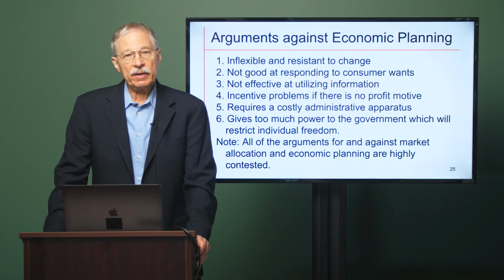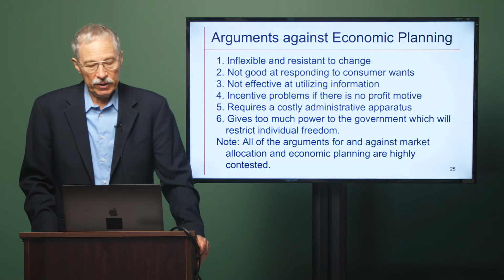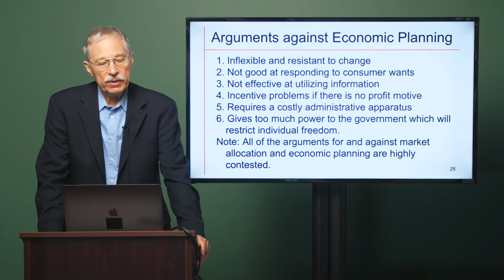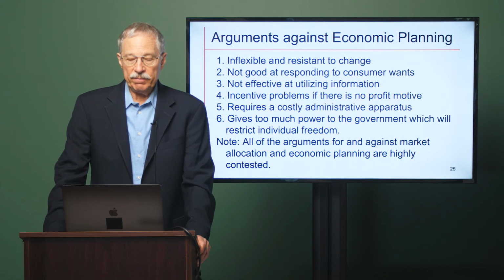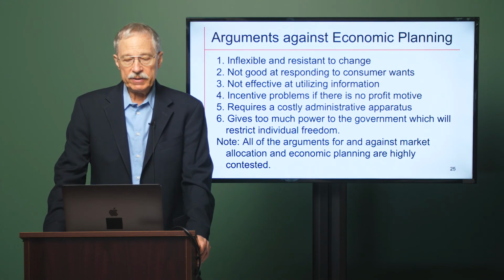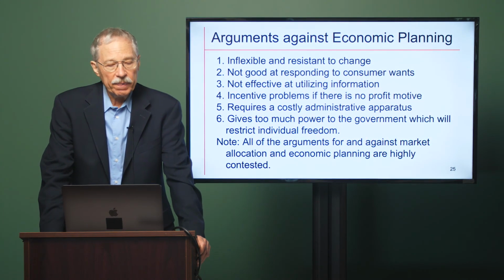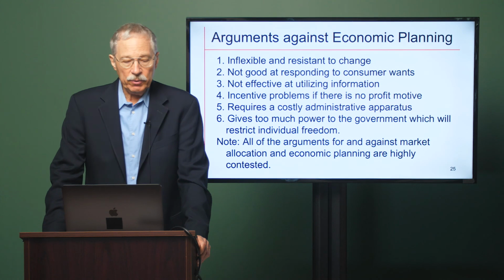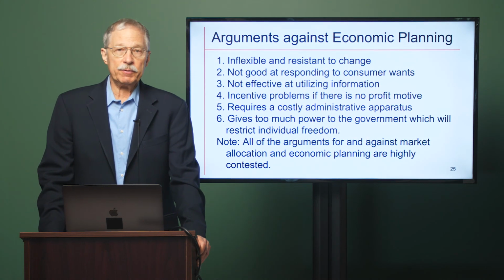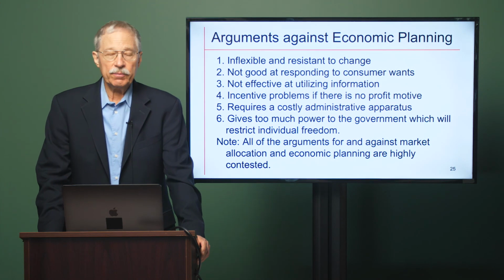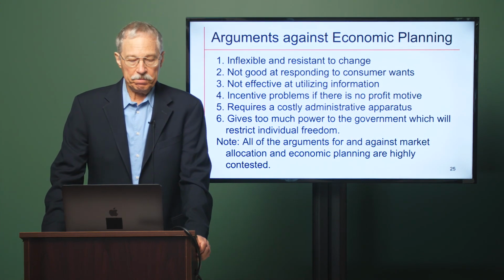People and companies would not be motivated to work effectively. Critics argue that planning requires a costly administrative apparatus. And last, some critics argue that a planned economy would give too much power to the government, which plays a major role in planning, and that this would ultimately restrict individual freedom.